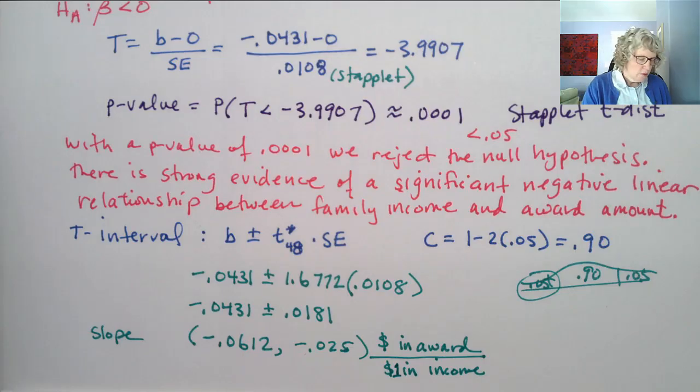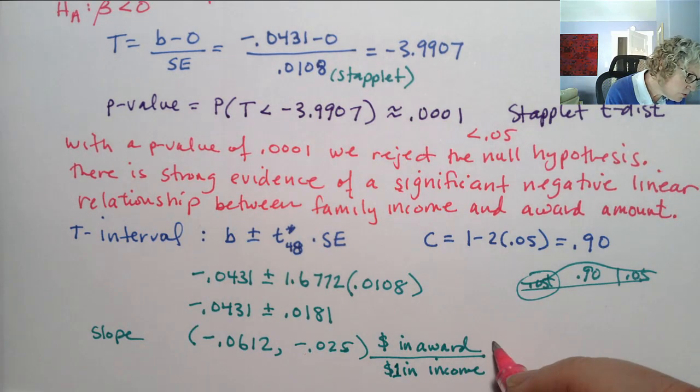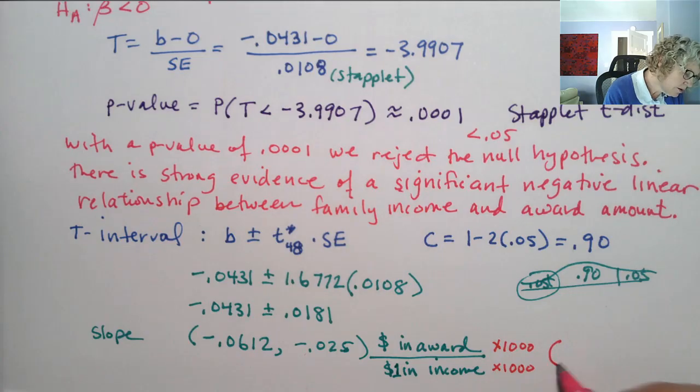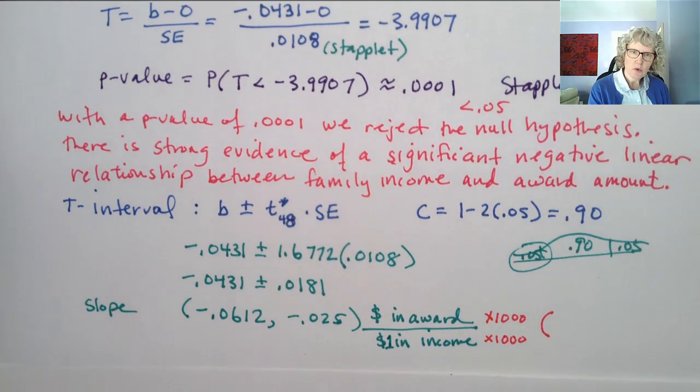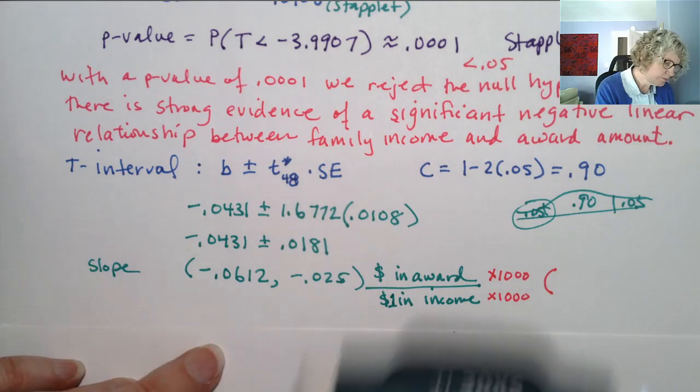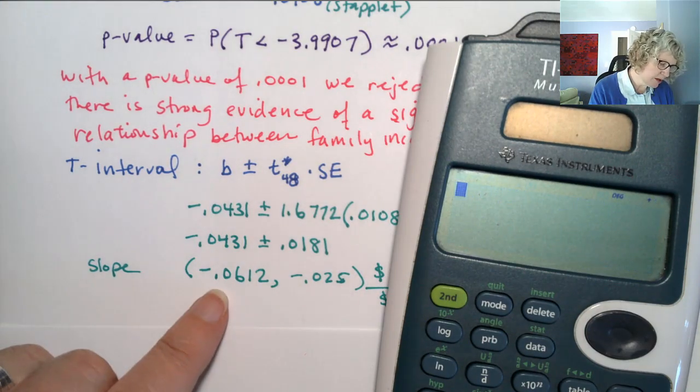So I thought it would be a little bit more meaningful to change that to per $1,000. Now you don't have to do that in every context, every context is unique. So I'm going to do again times 1,000 times 1,000. Which means I'm going to multiply each of these by 1,000, okay? It should move the decimal over 3 places.